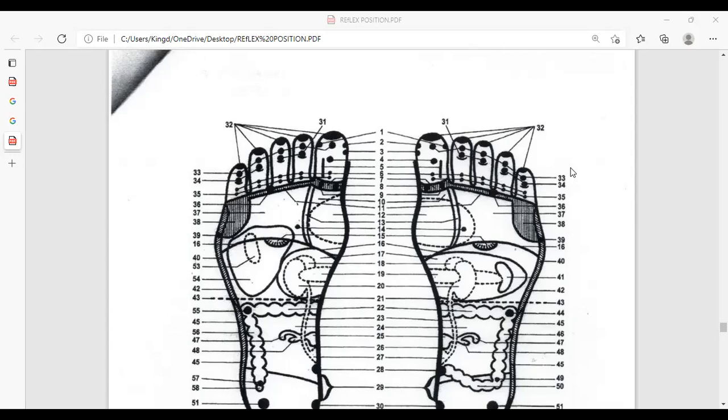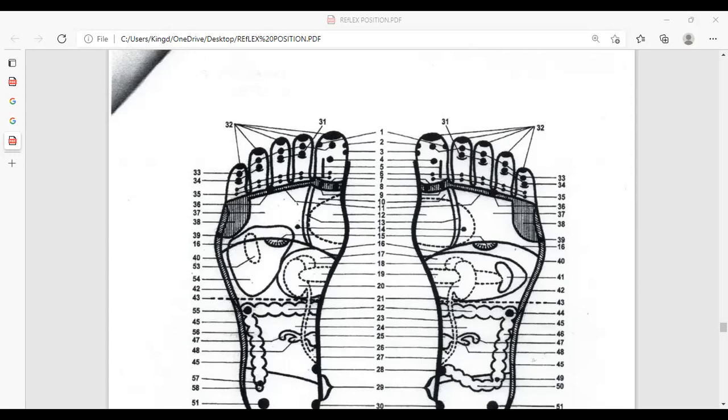You will get a chart like this in the exam, and you will have to label the chart to tell the examiner exactly where you find each point. So you look at number one and recognize what number one is, and you will be able to say what to do.